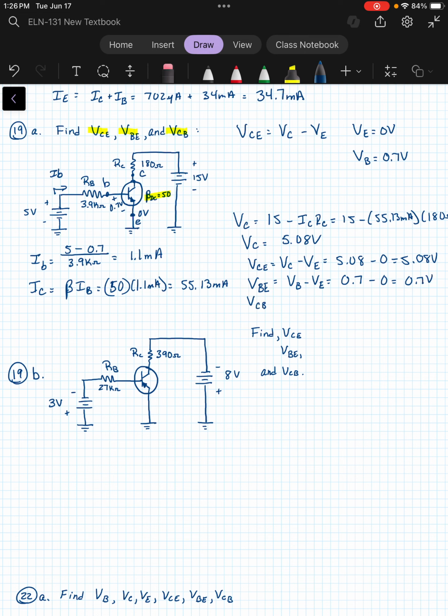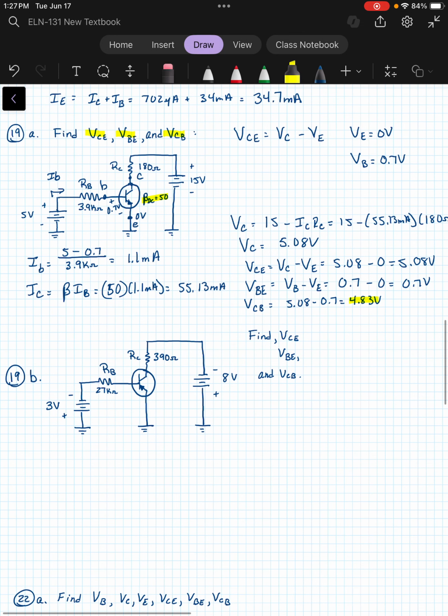And then VCB, VC was 5.08. And VB is 0.7. Which is about 4.38 volts. Okay, so those are your answers for that one.